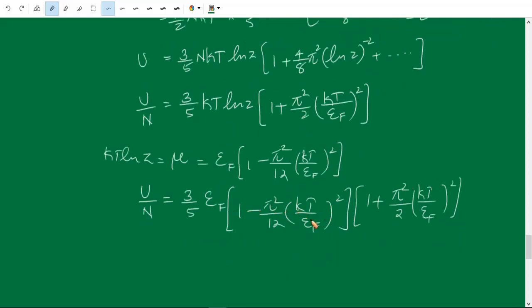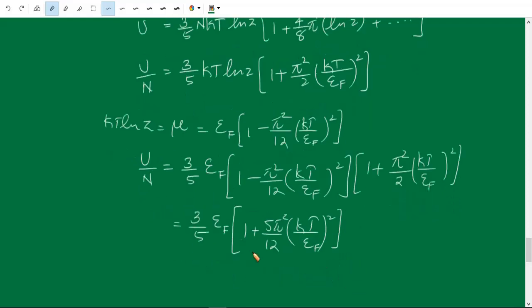We can just take this kT by EF whole square term only. The higher order terms we can neglect. This is equal to 3 by 5 EF plus 5 pi square by 12 kT by EF. Okay, so this can be written as E bar, the internal average energy.